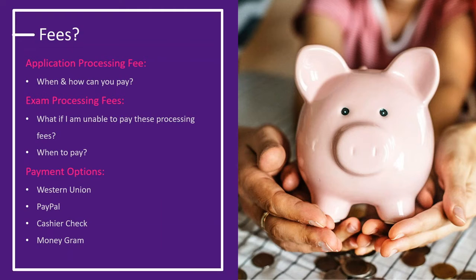Payments may be made through Western Union, either agent location, the Quick Pay, or Western Union wire transfer global pay, PayPal, cashier's checks, and payment via MoneyGram. PayPal payments can be made with your personal PayPal account or any major credit card or debit card like Visa, MasterCard, Discover, American Express.